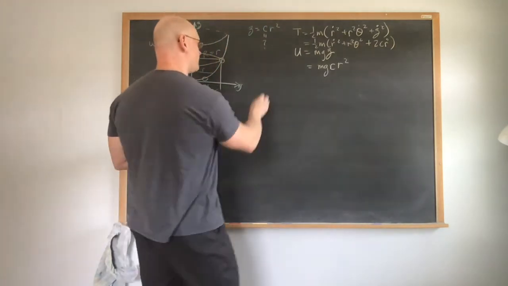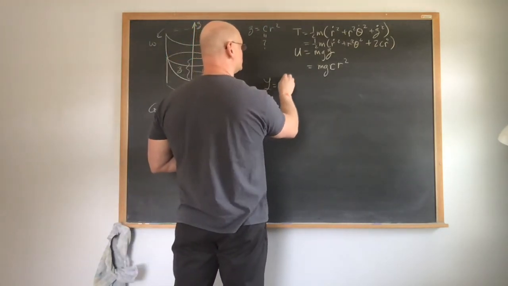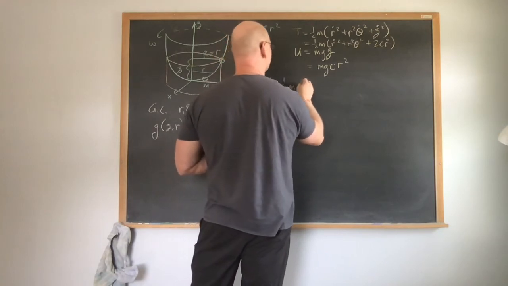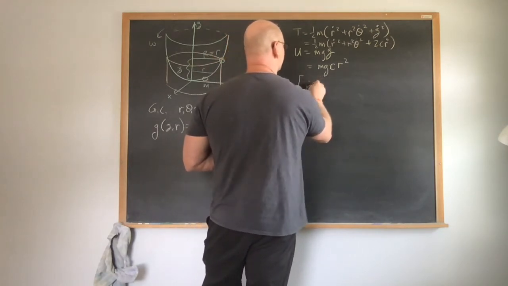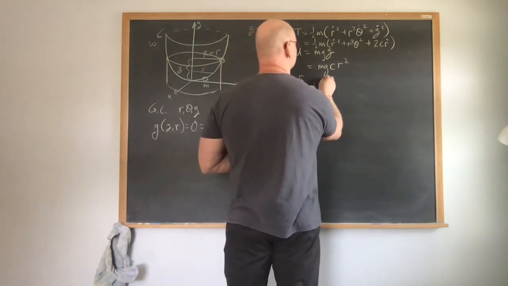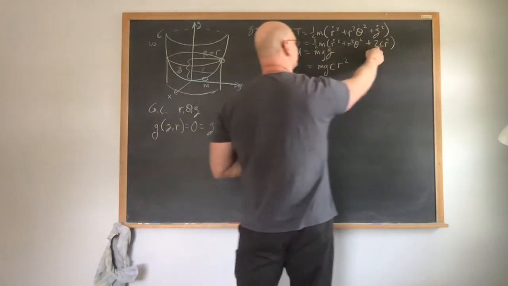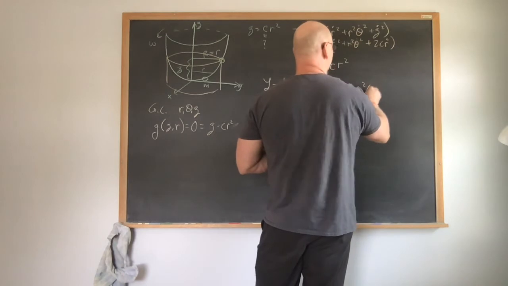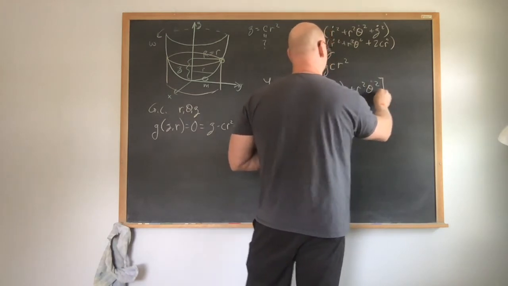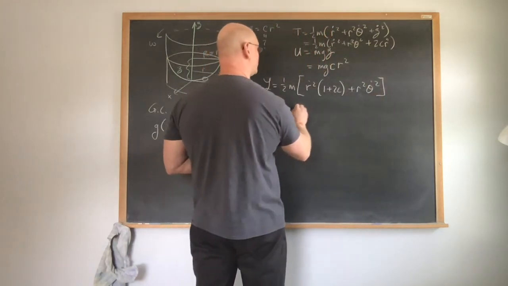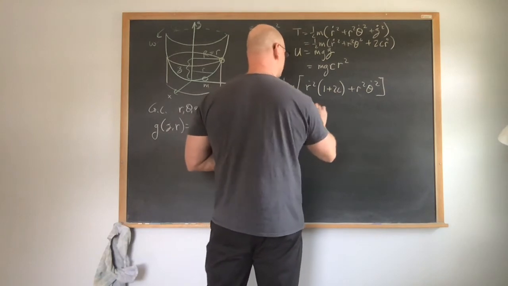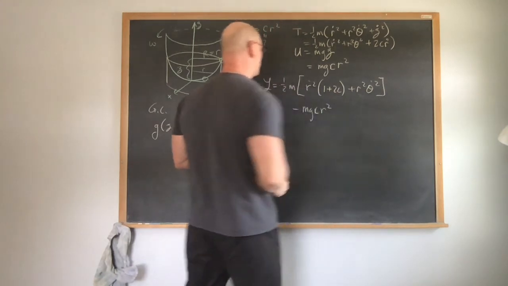So let's put everything together. So our Lagrangian then is going to be equal to 1/2 m times r dot squared times 1 plus 2c, right? That comes from combining these two terms, plus r squared times theta dot squared. So that is our kinetic energy part, minus then our mgc times r squared.